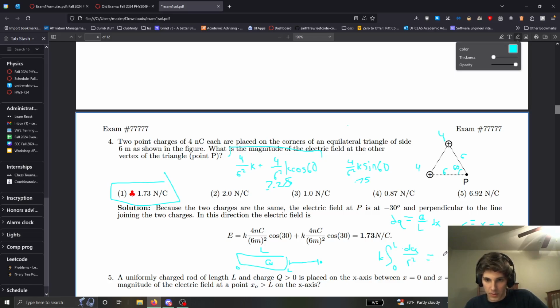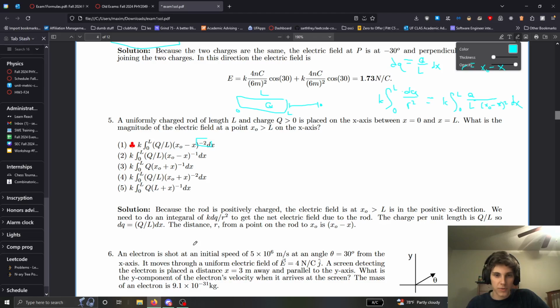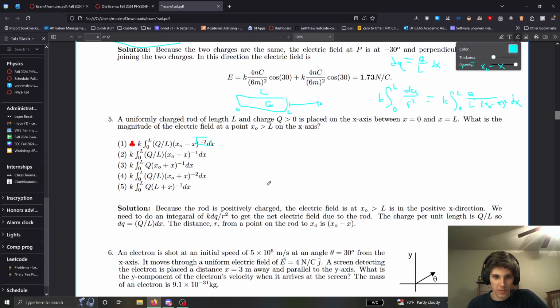So what we can just do is transform it to look a little bit more like q over L times dx over (x0 minus x) squared. And you can see here, this minus x is just squared in the denominator. And yeah, we got everything there. Yeah, the integral ones can be daunting, but don't be too intimidated by them.